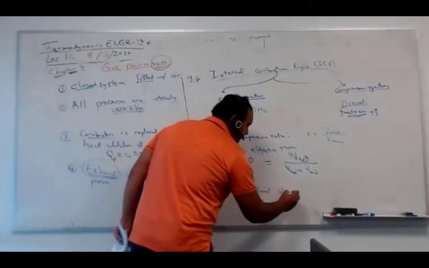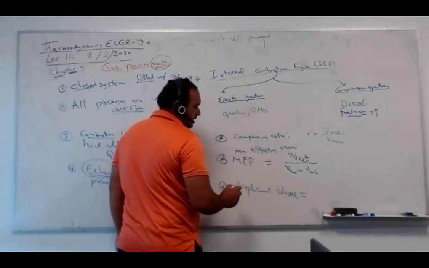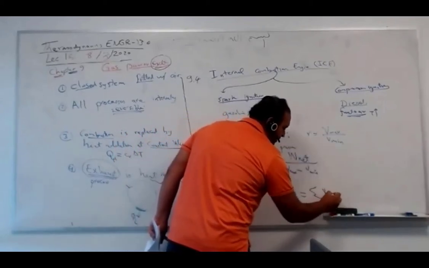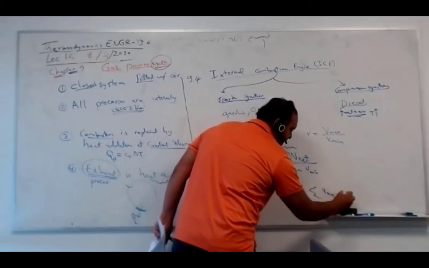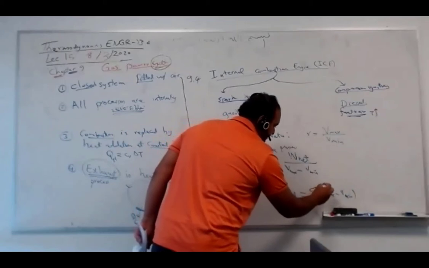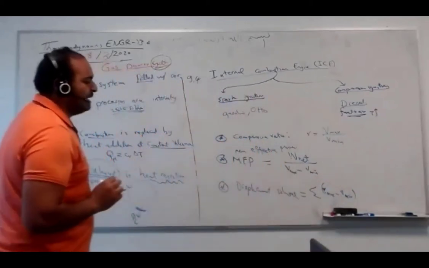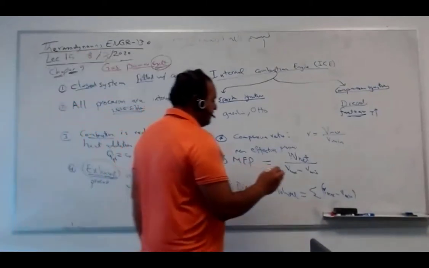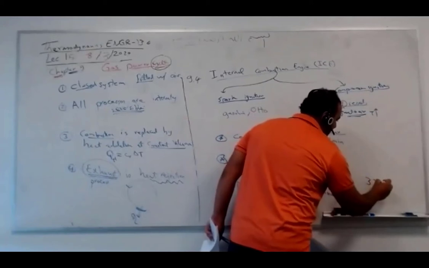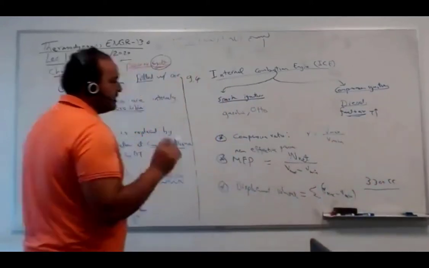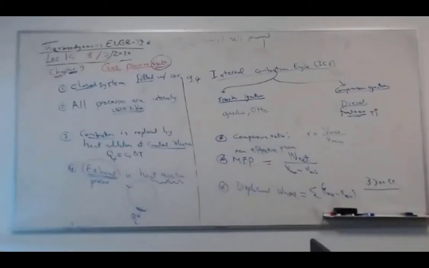Displacement volume is the sum of Vmax minus Vmin over all the cylinders. When you buy a car, for example, you say this car has 3.3 liters, which is 3,300 cc.